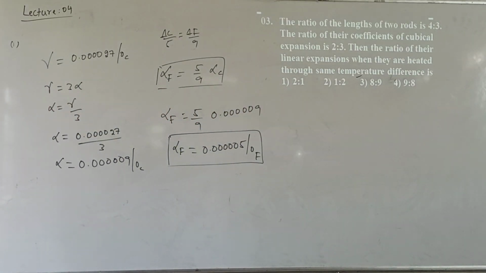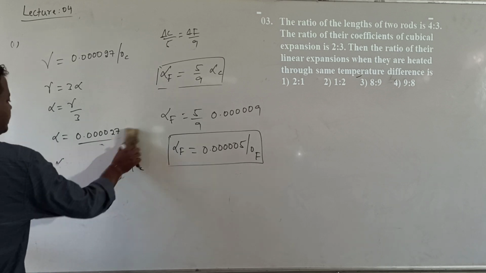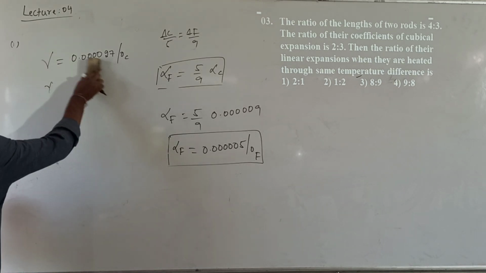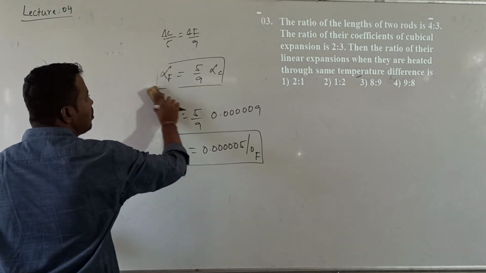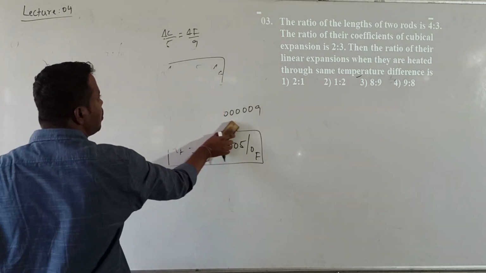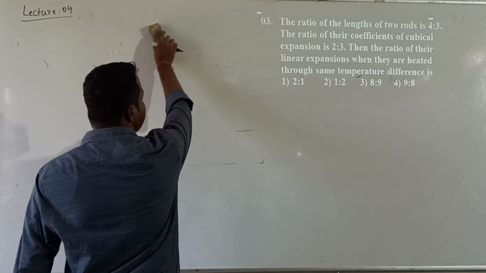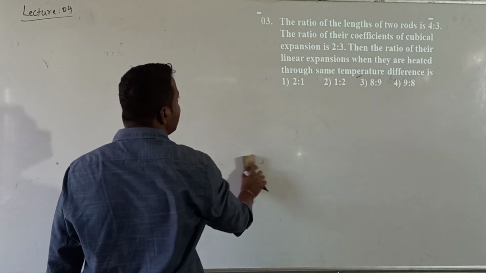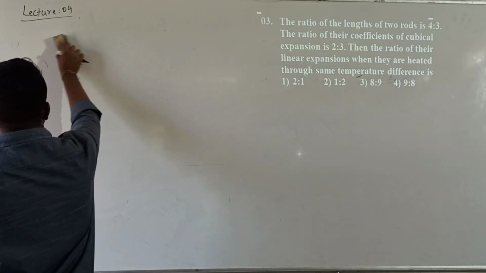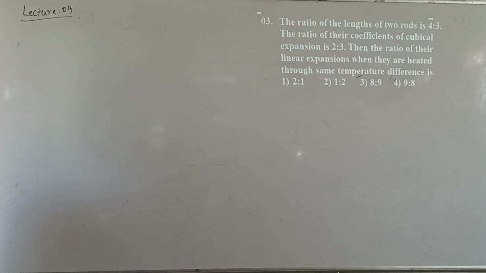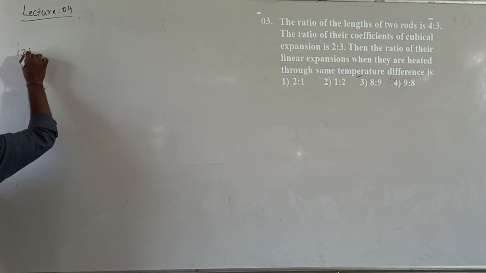Next one, question number 3. The ratio of the lengths of the two rods is 4:3, and the ratio of the coefficients of cubical expansion is 2:3. Then find the ratio of the linear expansion. Two rods are there.